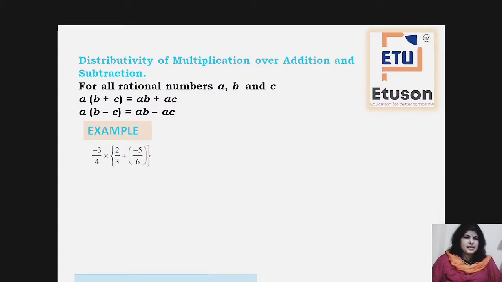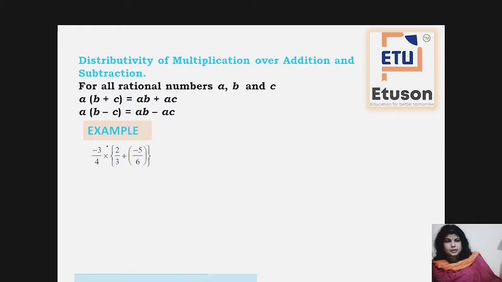Suppose you have to multiply a into b plus c, or a into b minus c. You can just multiply by opening the parenthesis and multiplying individually, then add. For example, a into b plus c is equal to ab plus ac, and a into b minus c is equal to ab minus ac.